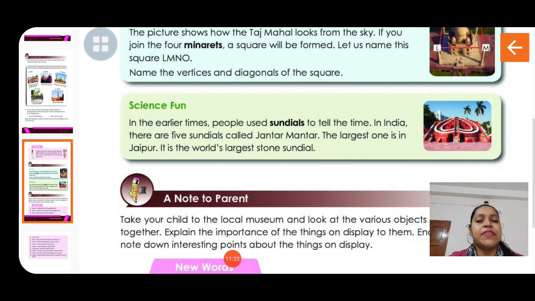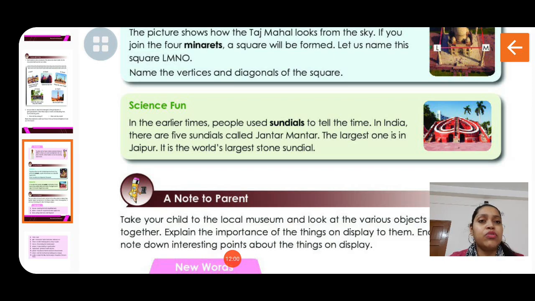Then children, we have science fun. In the earlier times, people used sundials to tell the time. In India, there are 5 sundials called Jantar Mantar. The largest one is in Jaipur. It's the 4th world's largest stone sundial. So children, before, people didn't have watches or clocks. So they had sundials, and with the position of the sun, they used to tell the time.